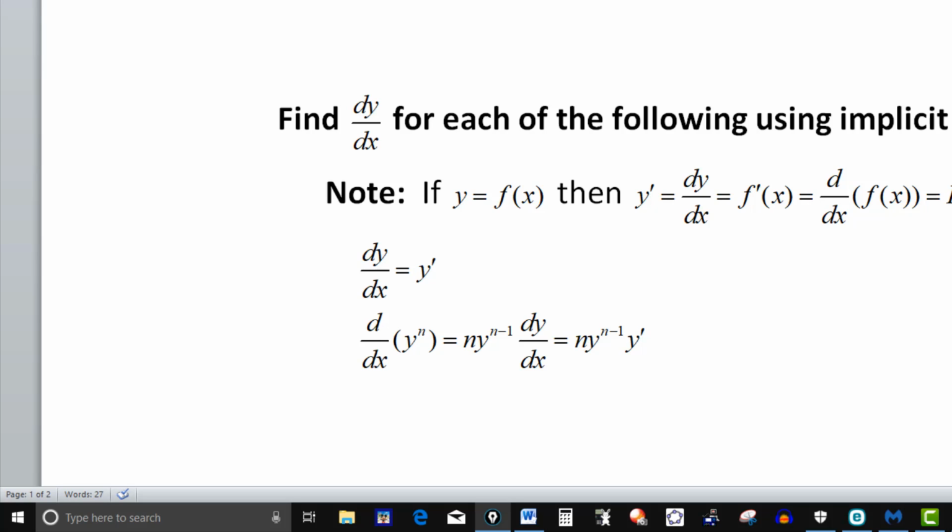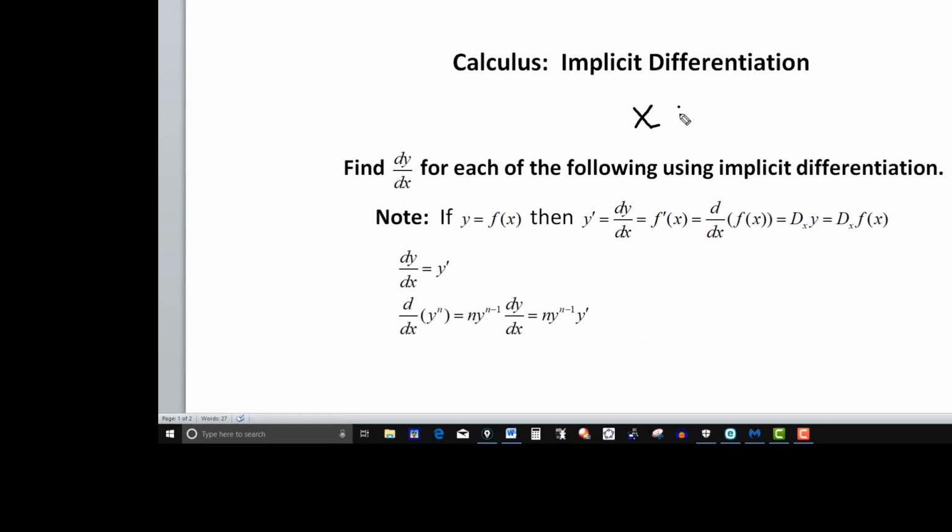So in the one that I had a while ago, or something similar, x plus y is equal to 3. You could solve that for y. But if you do it implicitly, leave it that way, you just take the derivative term by term with respect to x. The derivative of x with respect to x is 1. The derivative of y with respect to x is only y to the first, so that'll just be y prime.